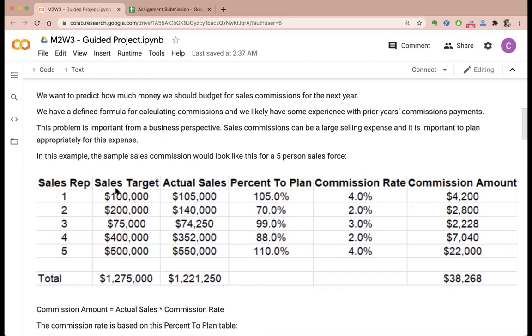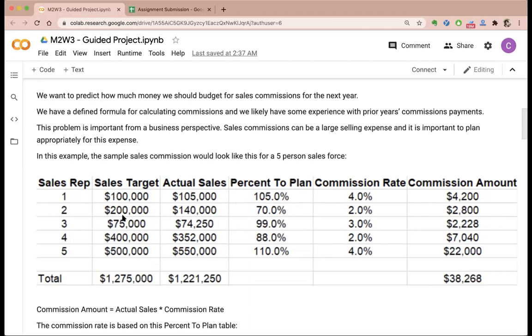So the first guy had a sales target of 100K dollars, and he made actual sales of 105K dollars. So percent to plan is 105%, because the plan was this, but he has achieved this much. So this is what we call percent to plan.